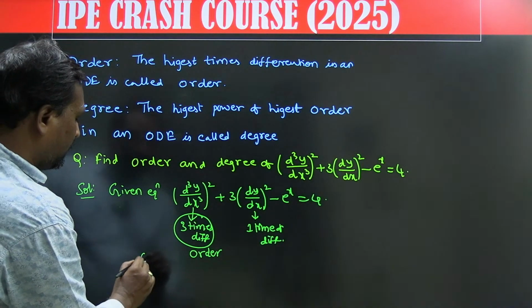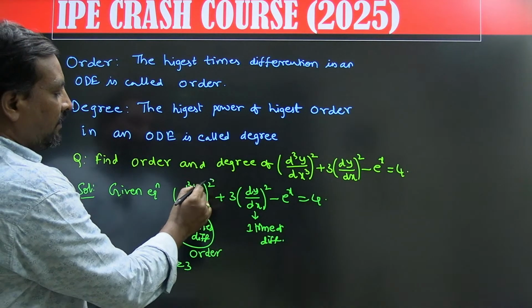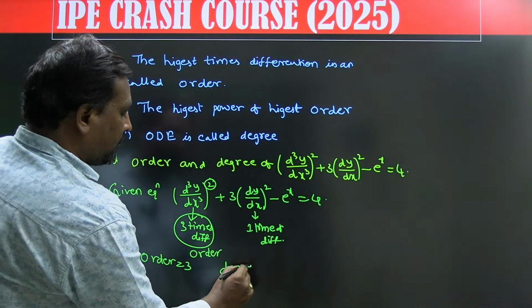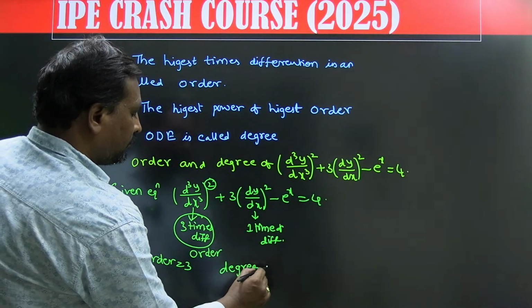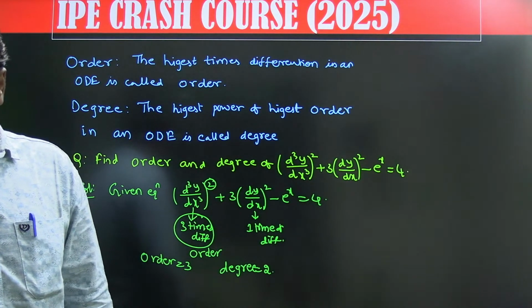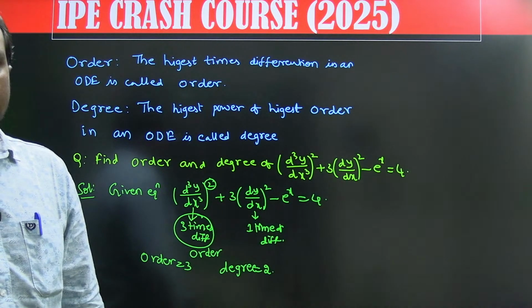So order is equals to 3. The highest power degree is equals to 2. So the highest power degree is equals to 2 here.